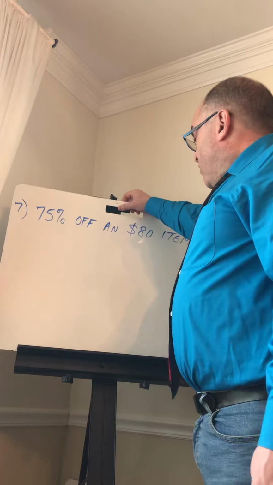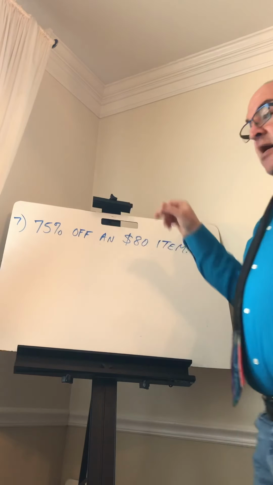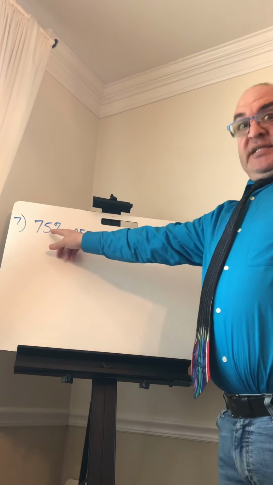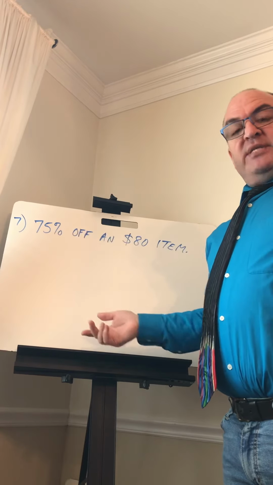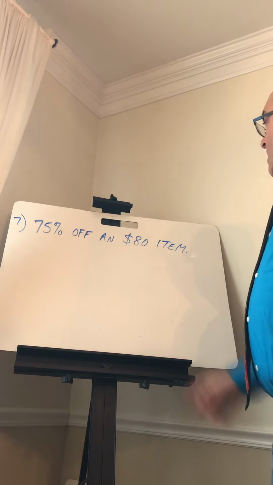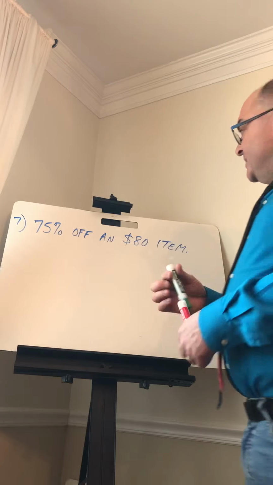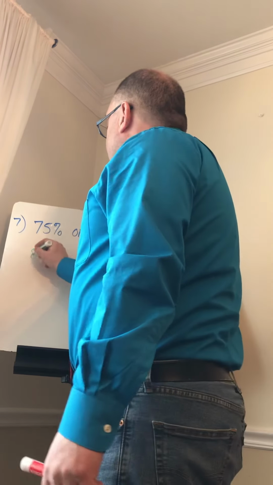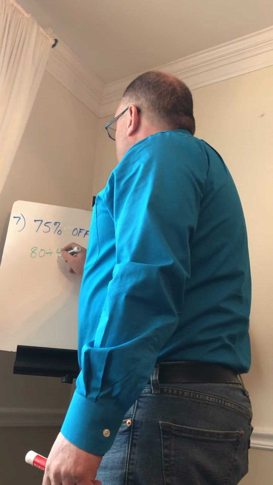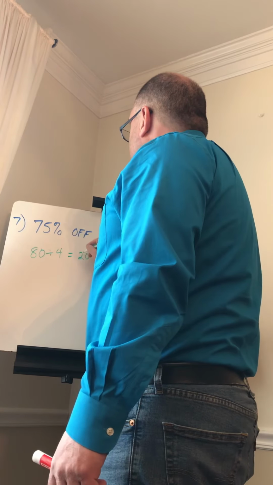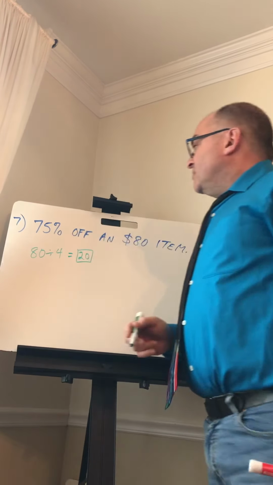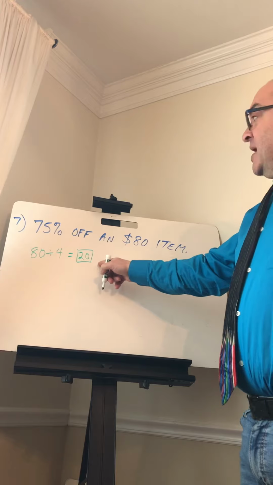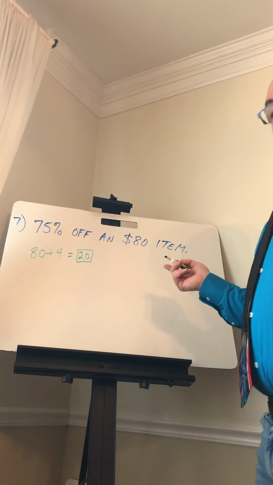In the same way, if you're taking off 1 piece to take off 25%, 75% off, wouldn't that be taking 3 pieces off, right? So if I divided 80 into 4 pieces, 80 divided by 4 would be 20, right? But that's just 1 piece, that's 25%. I want 75%. Isn't that 3 pieces?